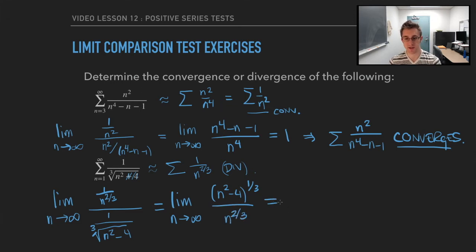You can see that this limit is 1, either by L'Hopital's rule if you don't believe it just by looking at it, or by comparing leading coefficients, or by dividing the top and bottom by n to the 2/3 and seeing what happens. Anyways, you get 1, and so this series has the same convergence or divergence as that series, meaning that the series I was given, the cube root of n squared plus 4, must diverge.